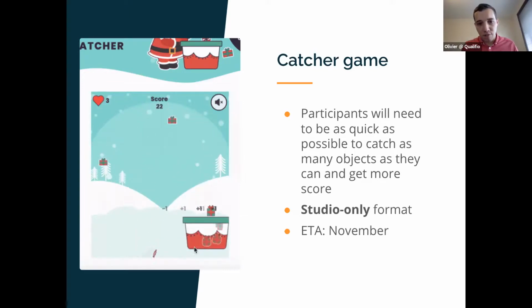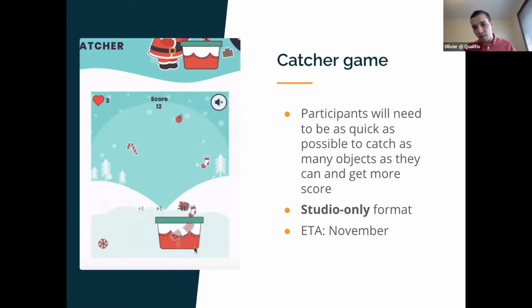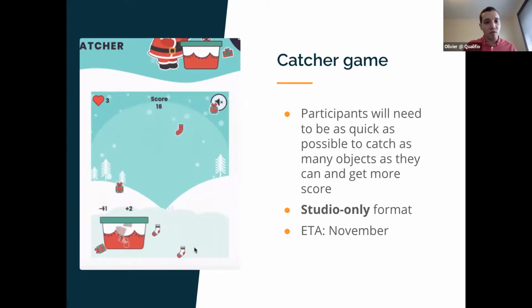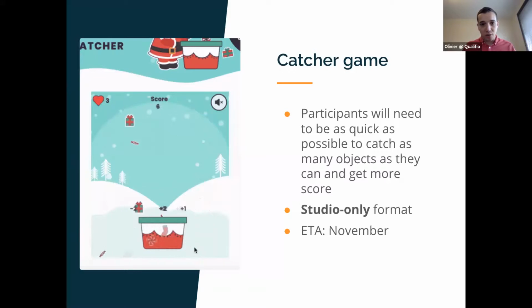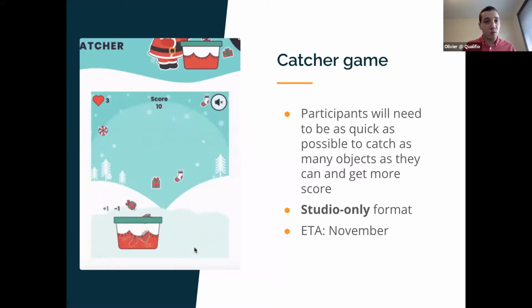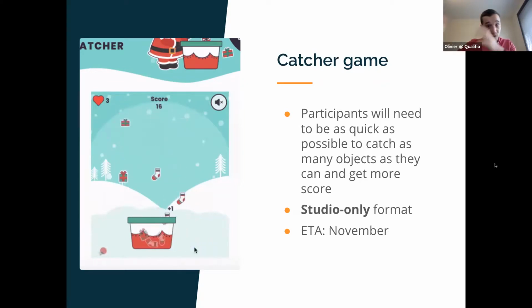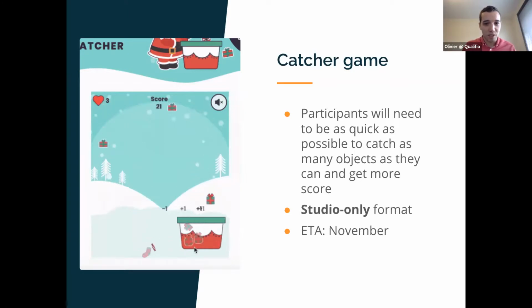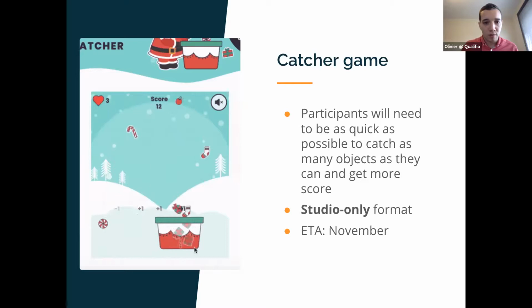And just like for the runner, it will be entirely customizable, meaning that instead of a basket, it could be a shopping cart and you get coupons and discounts coming, or really any other kind of system where you catch the food for the dog and not the one for the cat because you have a dog, for instance. You can catch as many different objects as possible, negative and positive objects, and the goal is to have a lot of points at the end of the game.